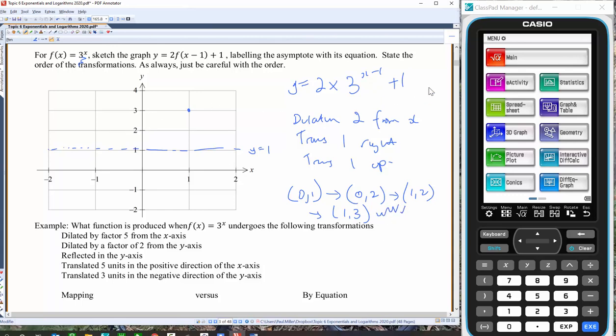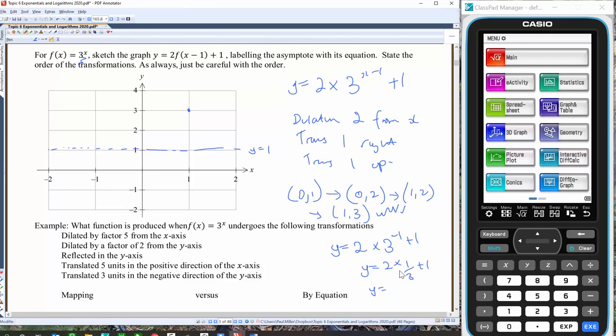All right, now let's get an x-intercept, a y-intercept. So we're going to go y equals... the y-intercept occurs when x is equal to 0, 2 times 3 to the -1 plus 1. Y equals 2 lots of 1/3 plus 1.